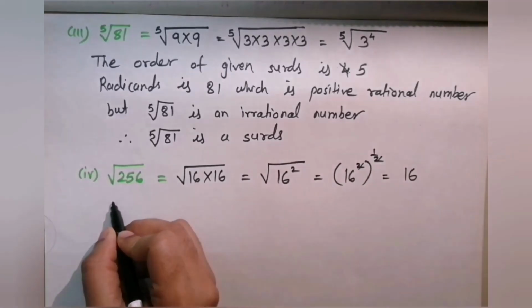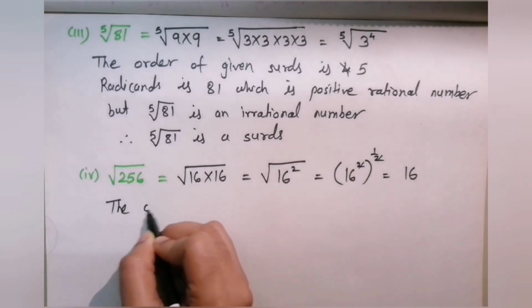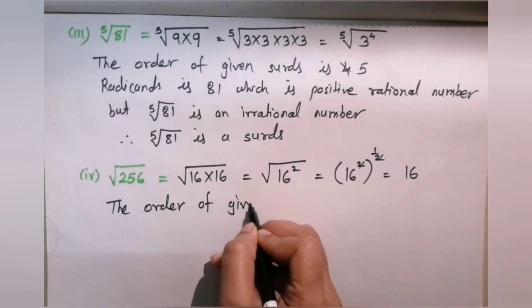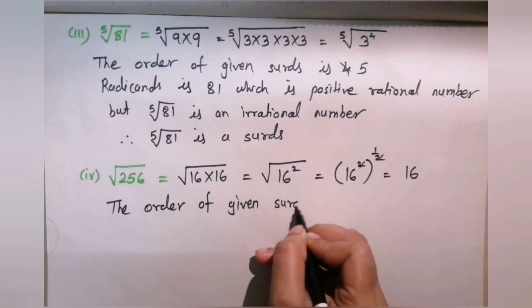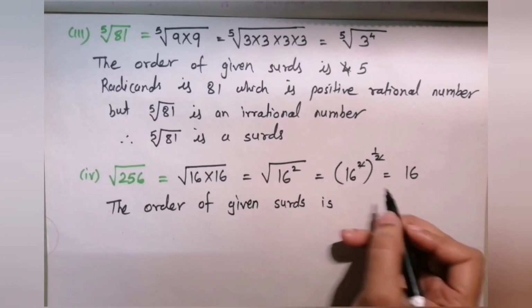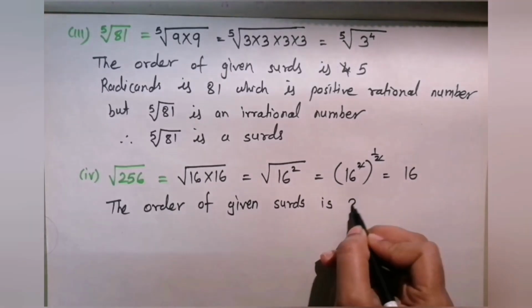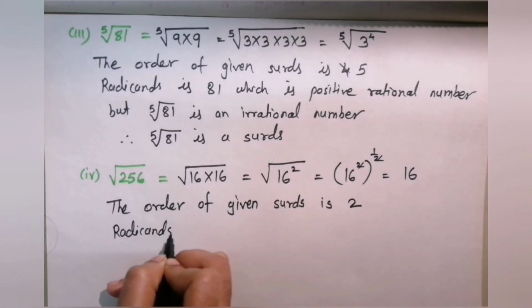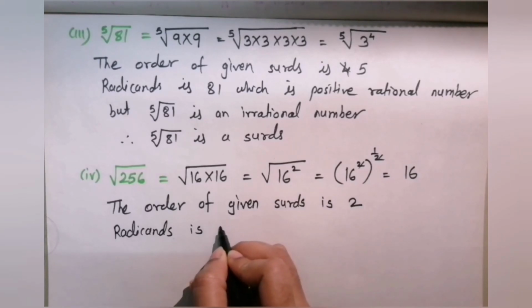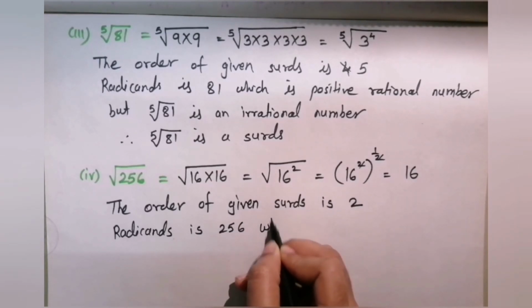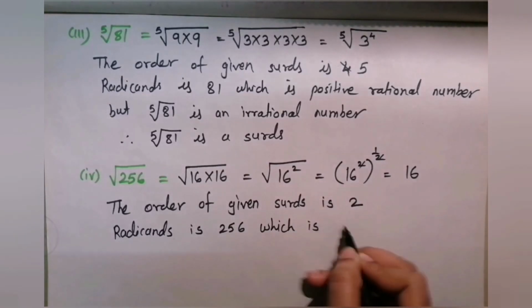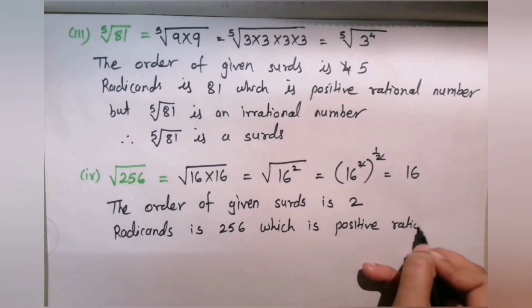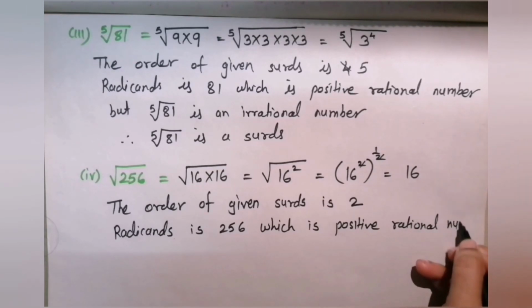Good, students. So now next one is the order of the given surd is 2. Right? It's a 2. Radicand is 256, which is a positive rational number.